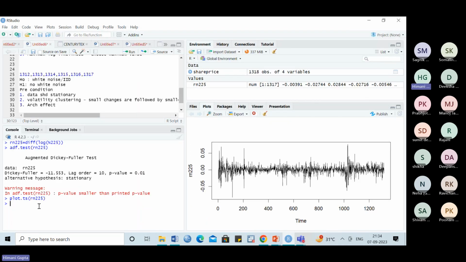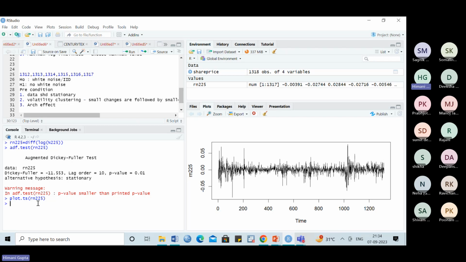Now let's check for the third precondition, the ARCH effect. For that the command is ArchTest. Just apply ArchTest. Let's see whether you are getting ArchTest or not.